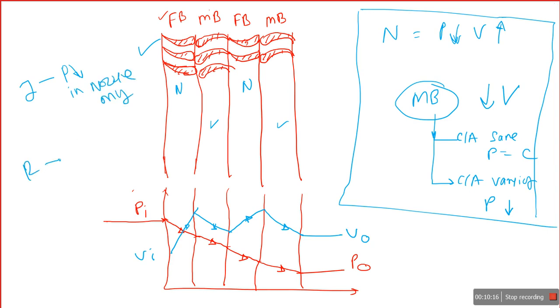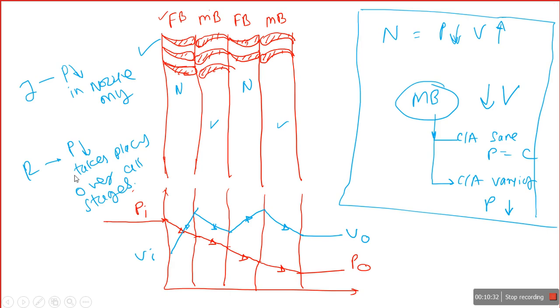But in case of the reaction turbine, the pressure drop takes place over all the stages. This is very important. So I hope you understood the impulse and the reaction turbine.